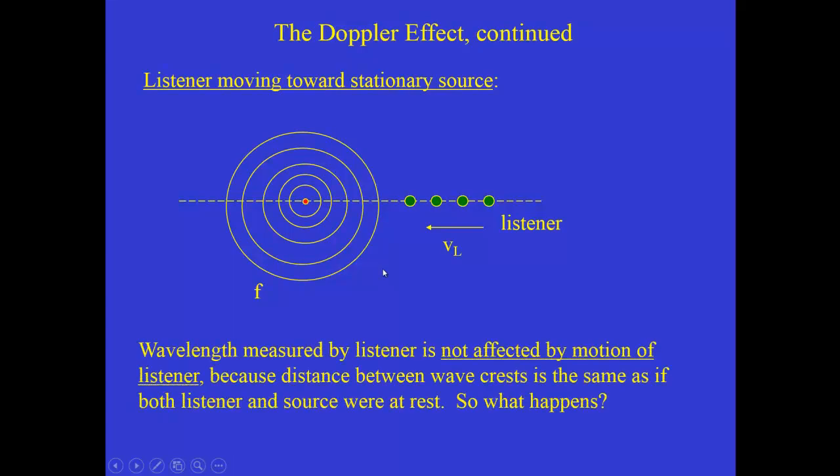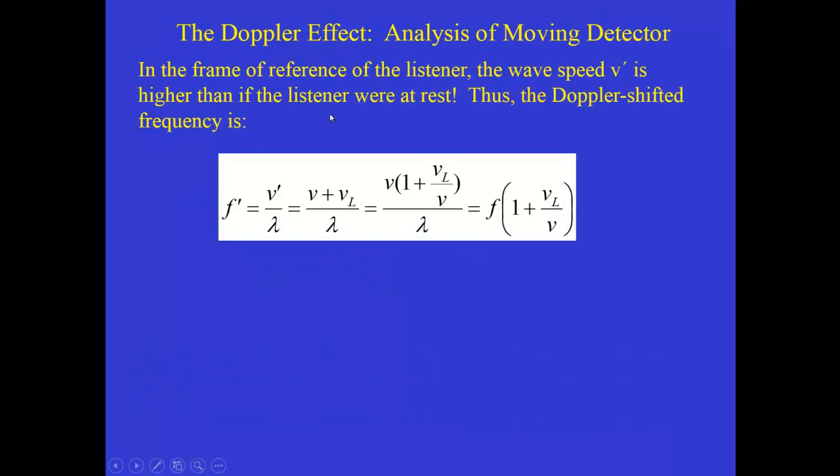So, what happens? What causes the frequency change in this case? Because indeed, it turns out that when the listener approaches the source, the frequency is going to be shifted upward. But what's the origin of this? Well, here's what happens. In the frame of reference of the listener, who's the one doing the measuring, the wave speed increases.